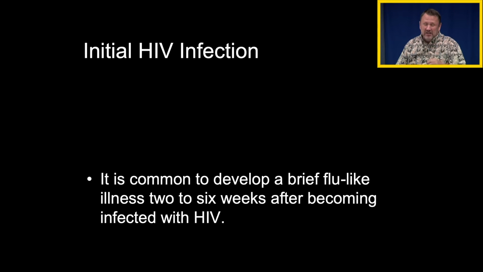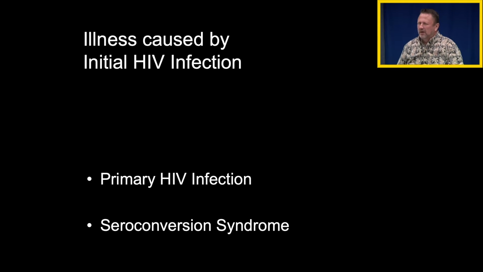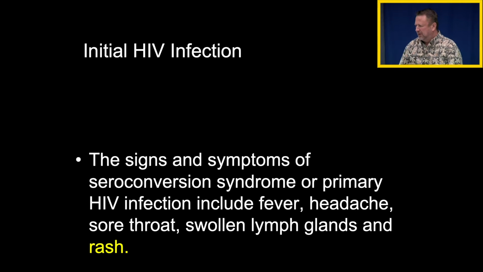All right, initially after HIV infection, someone can develop flu-like symptoms anywhere 2, 4, 6 weeks after becoming infected with HIV. And so this acute HIV infection, sometimes they'll call that primary HIV infection, sometimes they'll call it seroconversion syndrome, sometimes they'll call it HIV infection as we're moving in that direction.